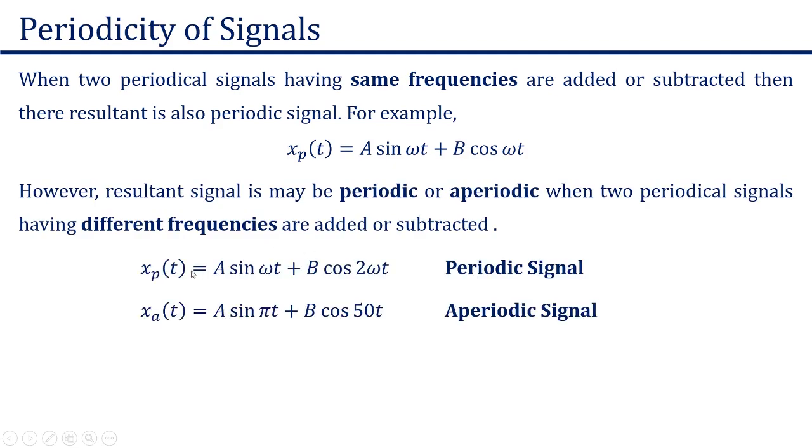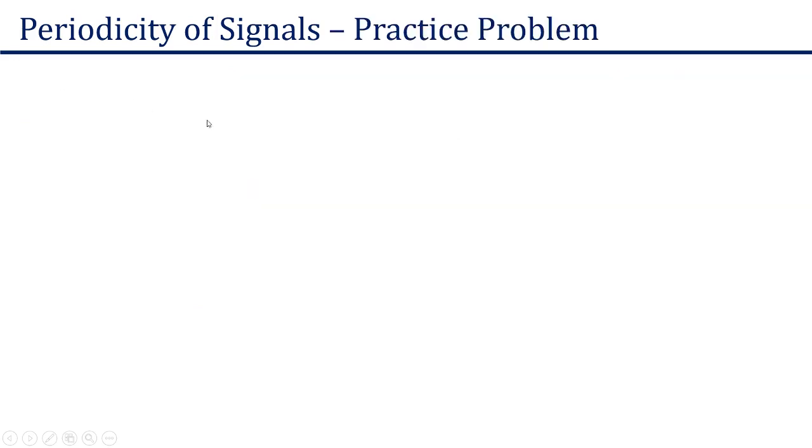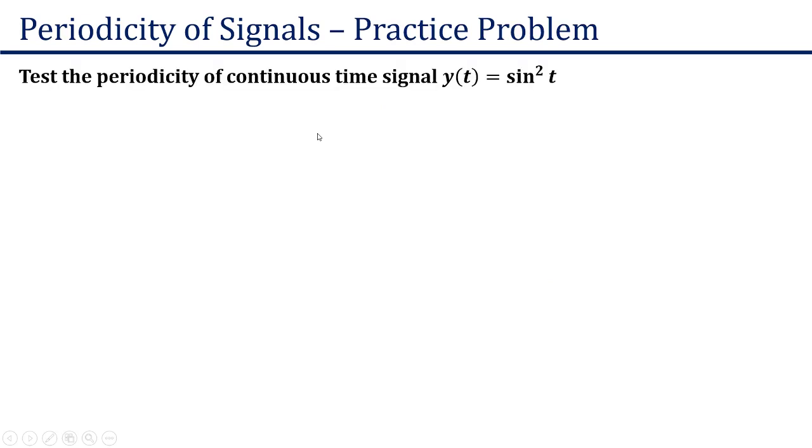Let us take up two examples. x_p(t), which is equal to a sin(omega t) + b cos(2 omega t), is a periodic signal, whereas signal x_a(t), which is equal to a sin(pi t) + b cos(50t), is an aperiodic signal.